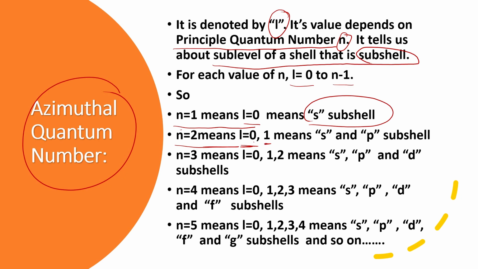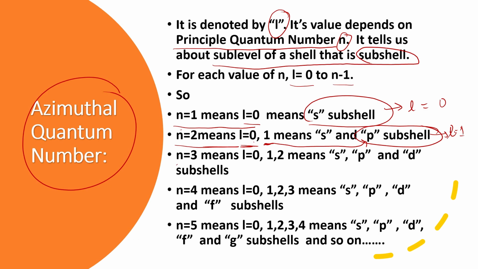We have already seen that 0 is the s subshell, and l equal to 1 means the p subshell. Whenever the l value is 1, that is the p subshell; whenever it is 0, that is the s subshell.